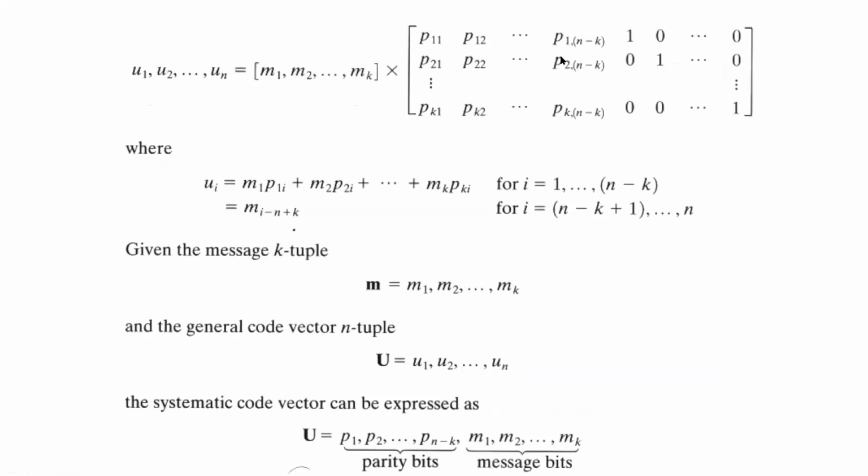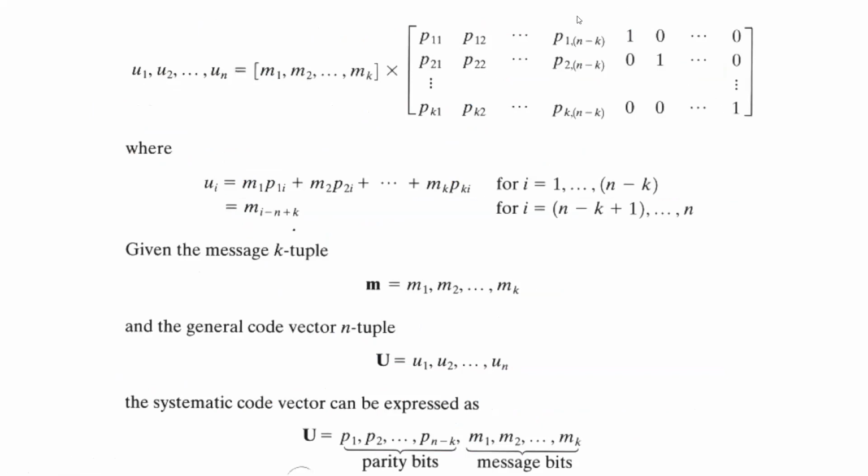So as an example, I can describe it like this: U1, U2, up to Un are the code word elements. M1, M2 up to Mk are the message bits. P11, P12 up to P1,(n minus k) are the parity bits. And this 1, 0, 0: all the diagonal elements are 1.